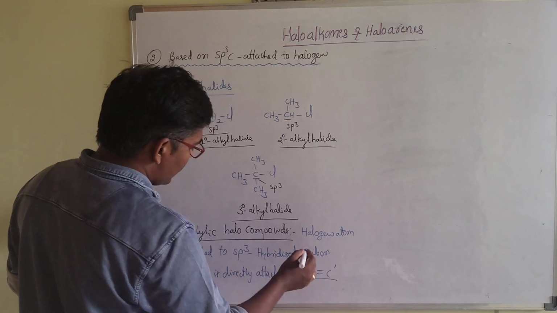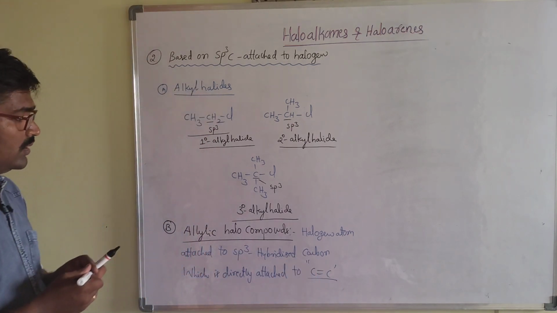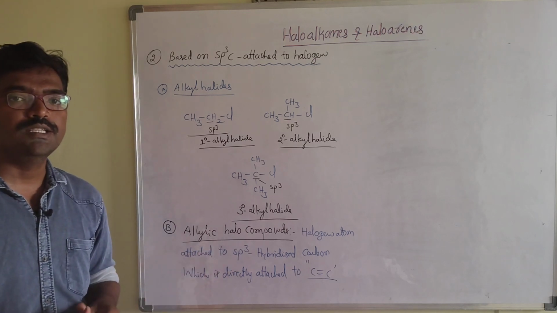This we are calling an allylic halo compound. The halogen atom is attached to the sp3 hybridized carbon.